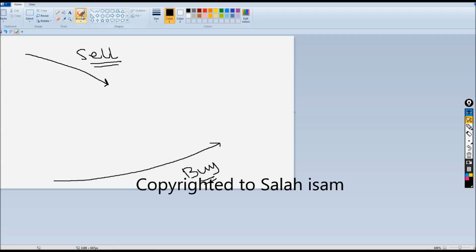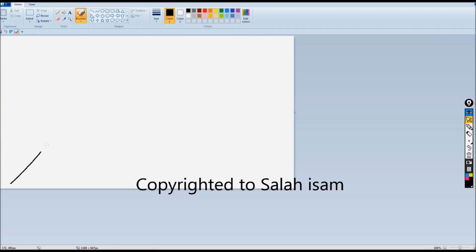Now, what is the idea also? What we need to do is look for a trend going like this. For example, an uptrend. The trend is going up, and we need to look for the pullbacks and pay attention to the breakouts.